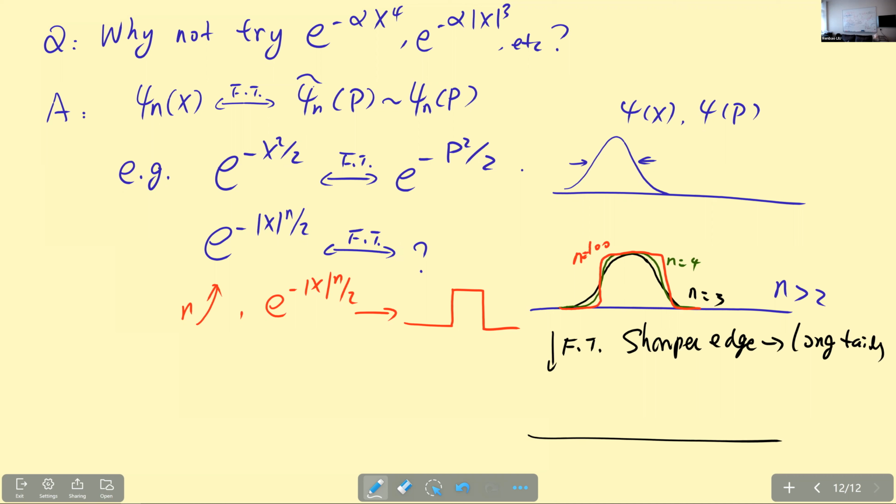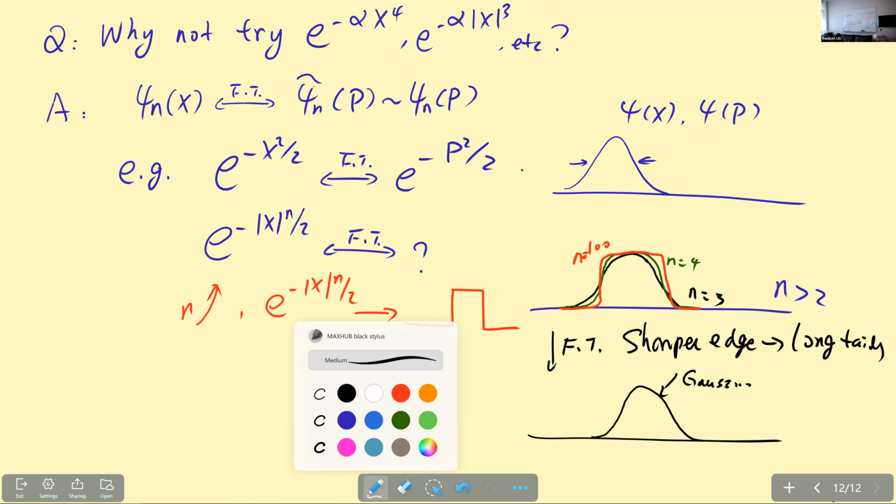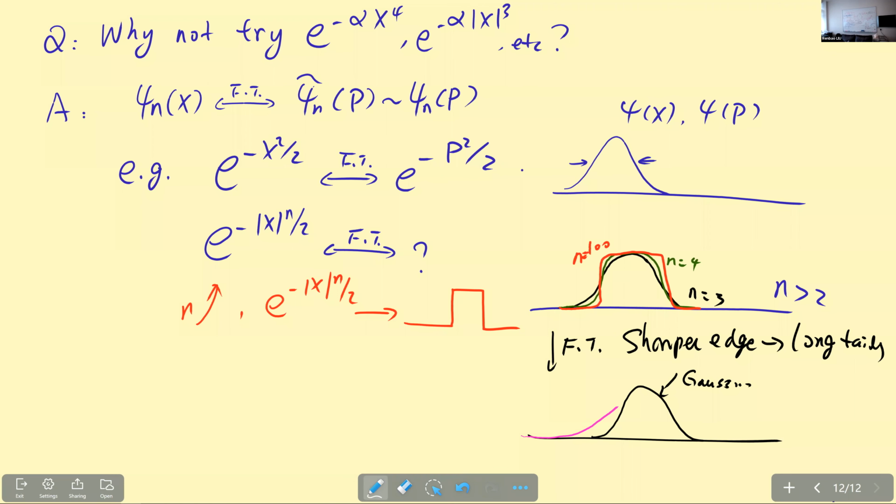So that means, suppose you have a Gaussian function. So this is Gaussian. And then you have something with a very long tail. That's a non-Gaussian. So that means you can say that this one cannot be correct, right?